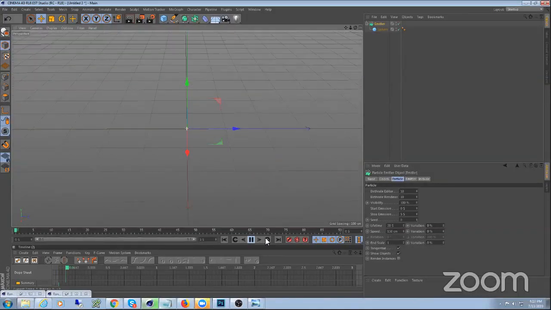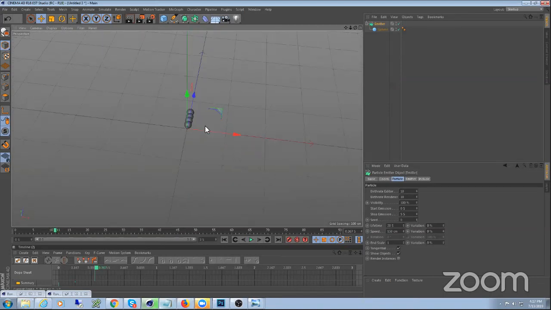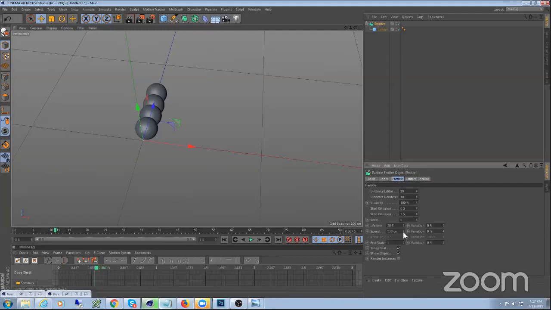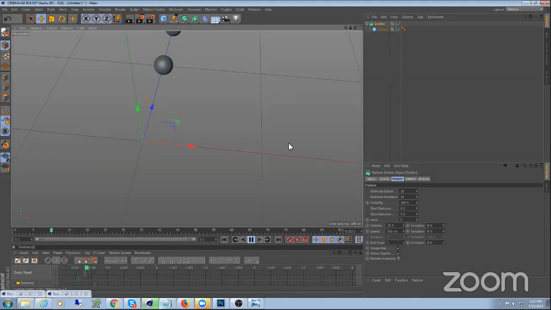If I now press play, you see they will, if I increase the speed of this, where is it? Speed. Let's make it 800. I'm not sure why it's so slow. But you would think if the, wait, I know why it's so slow.